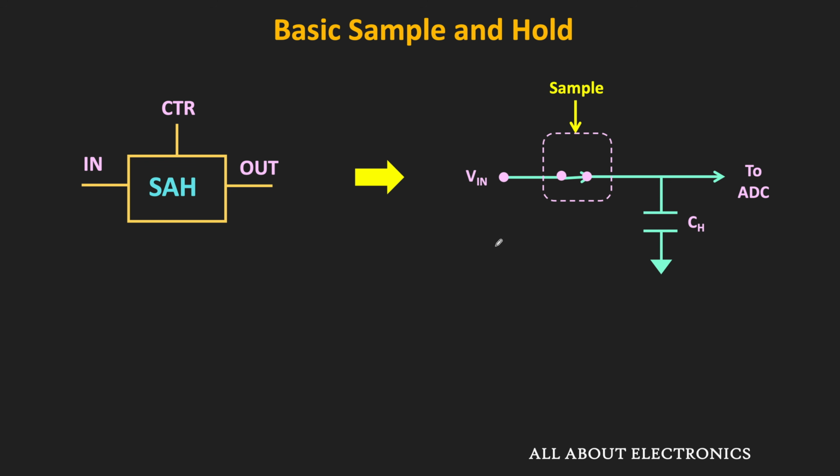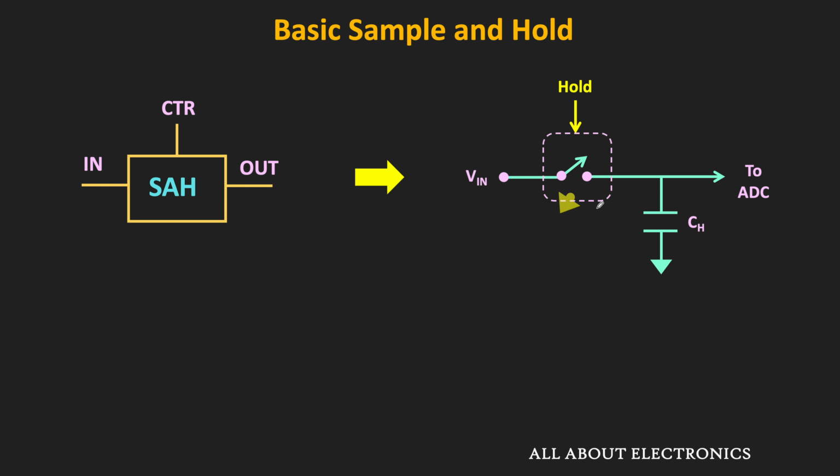Ideally, the voltage across the capacitor should be the same as the input signal. Now, when the hold command is given, the switch gets opened, and this hold capacitor holds the last sample value during the tracking period. During this hold period, the ADC can perform the analog to digital conversion.